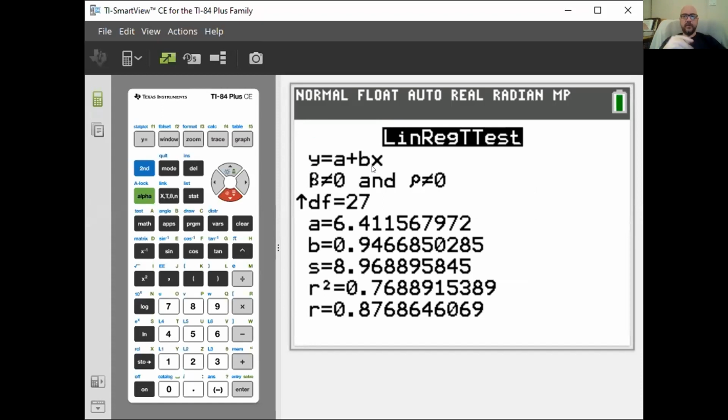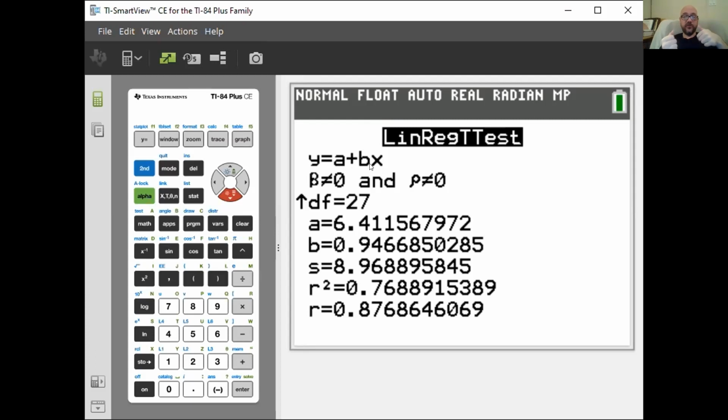What that means is that A and B are numbers that were determined by our sample. That is to say, they are statistics, right? So A is what we determined to be the y-intercept of the line, and B is what we determined to be the slope of the line that we found.